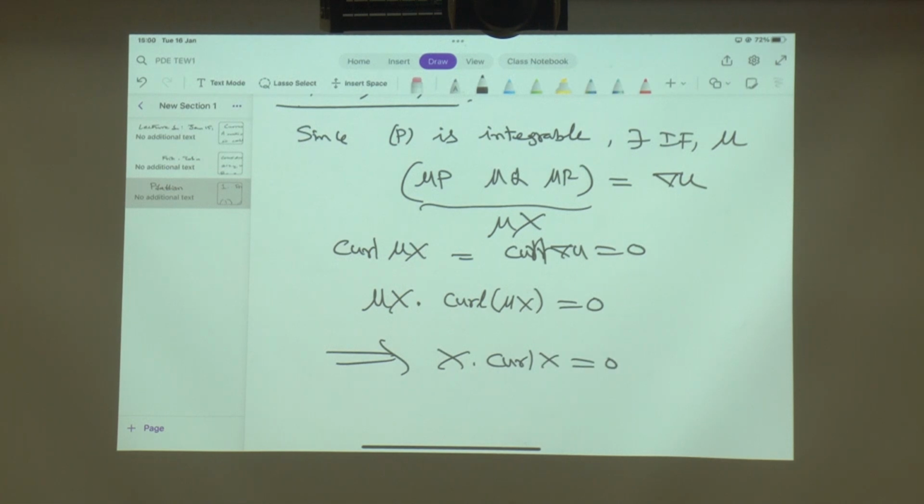This is true. In fact, this is if and only if, when mu is a smooth function, smooth and not 0. This is just a computation. Please do this computation. I think the proof is also there in Prof Sivaji's book.